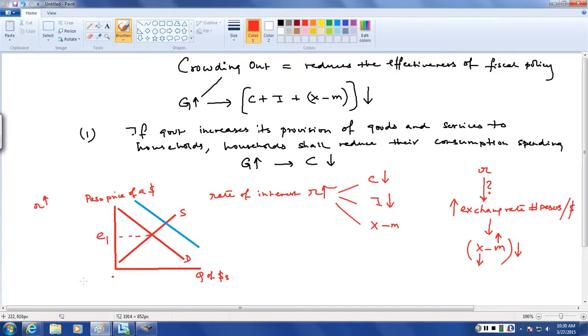That used to be the exchange rate between the peso and the dollar. But now you will have a higher exchange rate. So what's happened here? The dollar has become stronger. Am I understood here? So basically the connection here is that when the interest rate rises, the exchange rate rises. The dollar becomes stronger.